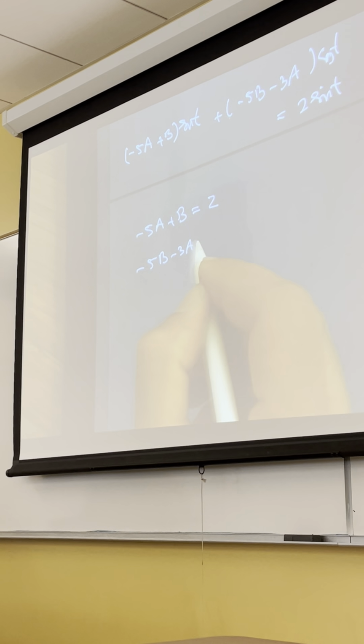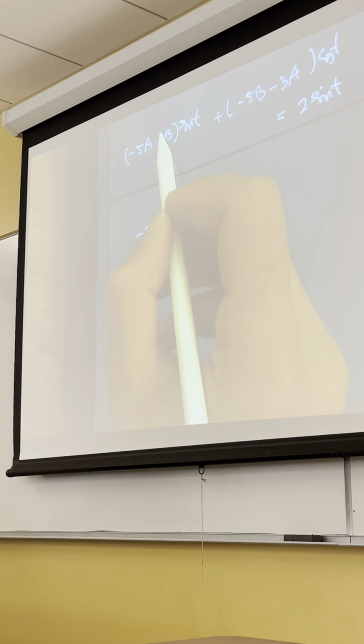The coefficient for cosine is negative 5b minus 3a, and the coefficient of cosine on the right side is 0. Sorry, isn't it 3b for sine? Thank you.